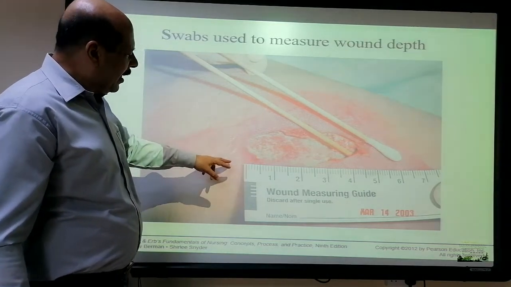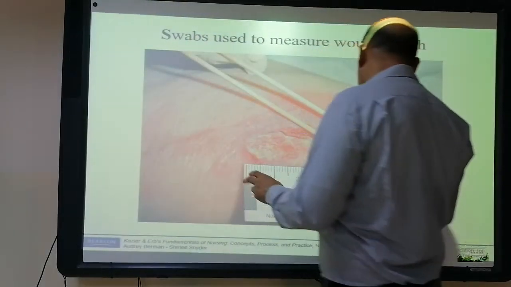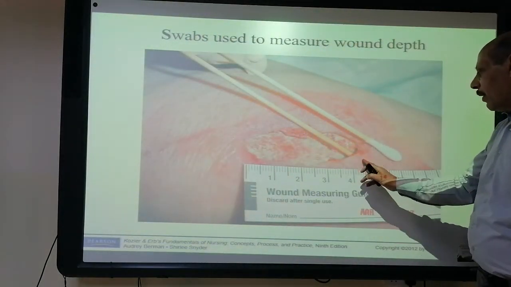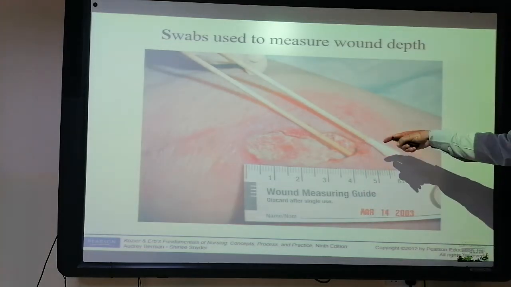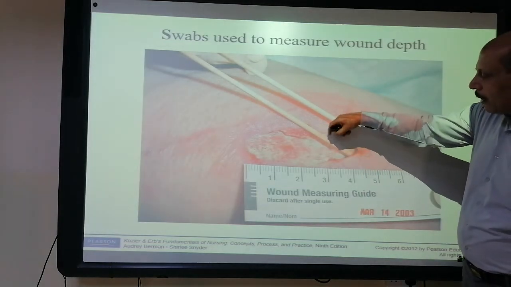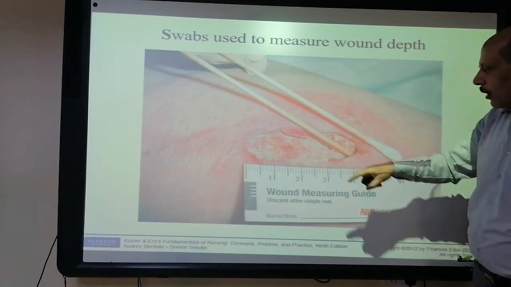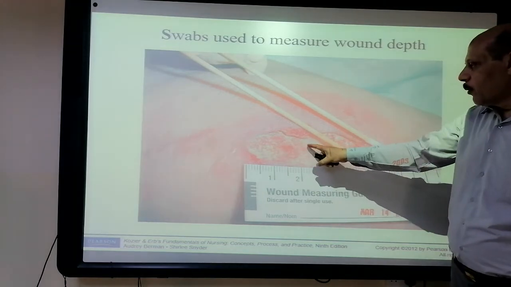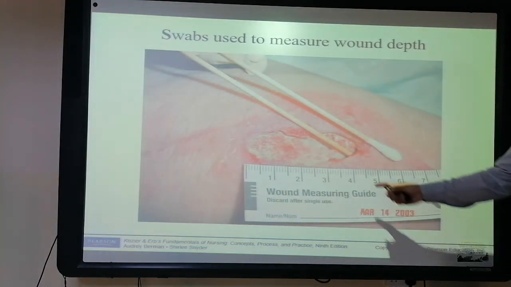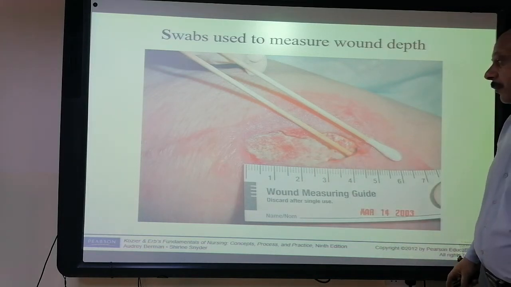You can see that the breaking down of the tissues of the open wound is around 4 centimeters, more than 4 centimeters. The depth, after we take off that stick, we can also measure how much the depth is. Also see the color here, the white discoloration, it might be excretion, it might be pus formed here.